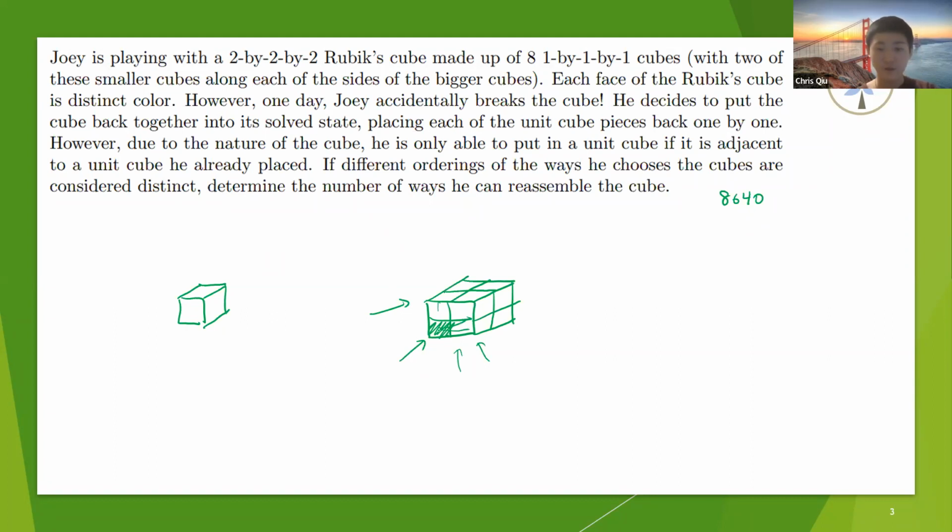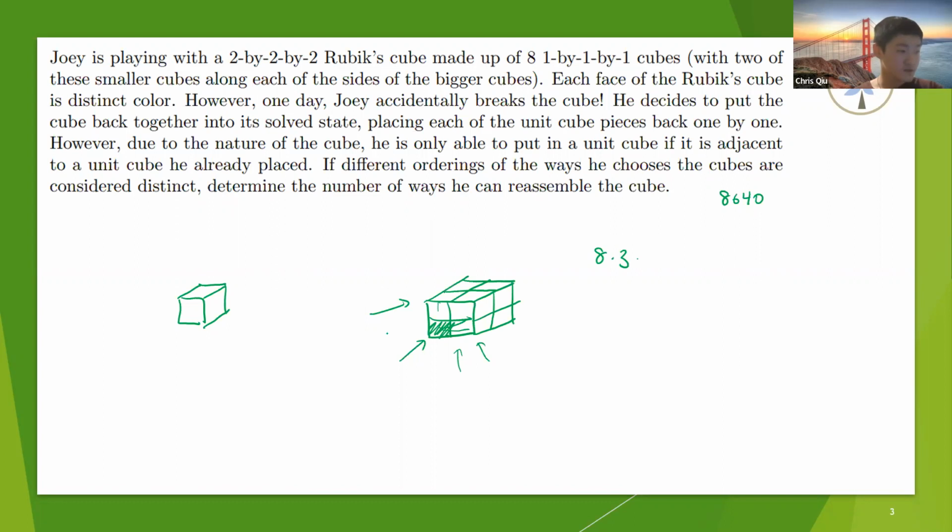So first of all, there's 8 choices for which cube Joey picks up first. As for the second cube, the 3 choices are the ones adjacent to the first cube he chooses. So there's going to be 3 ways to choose our second cube to reassemble.